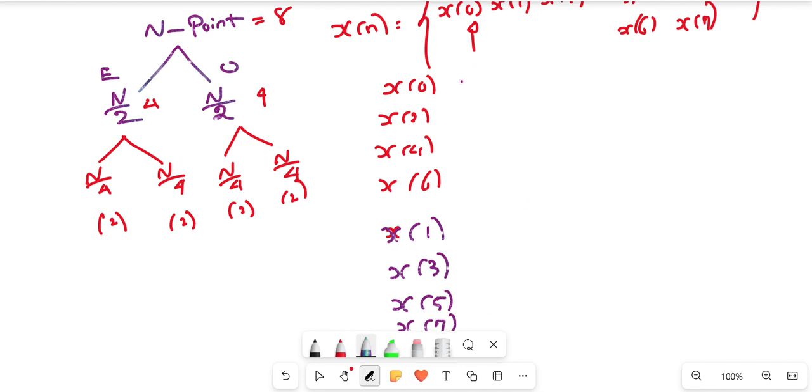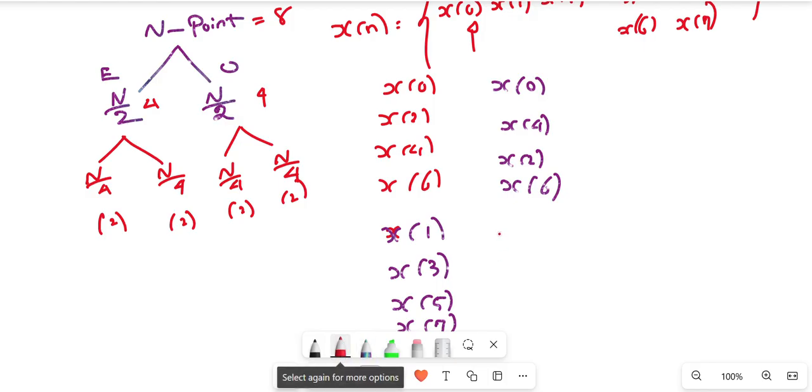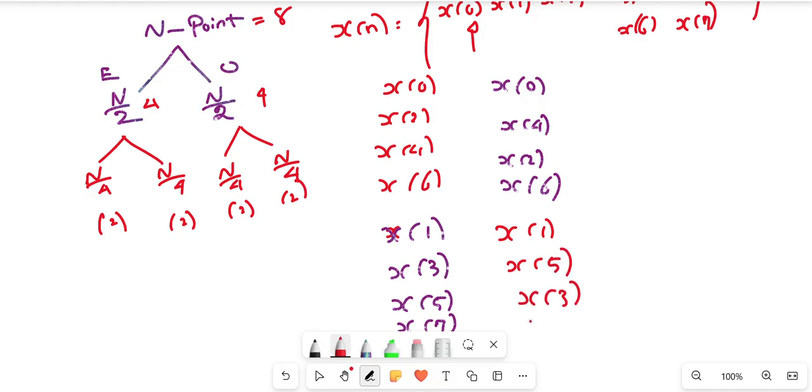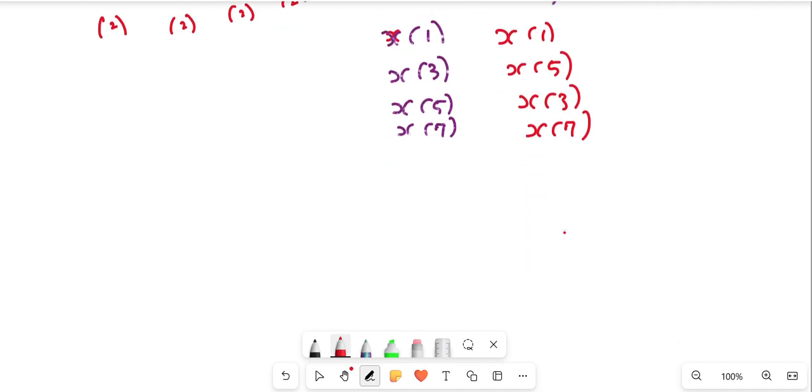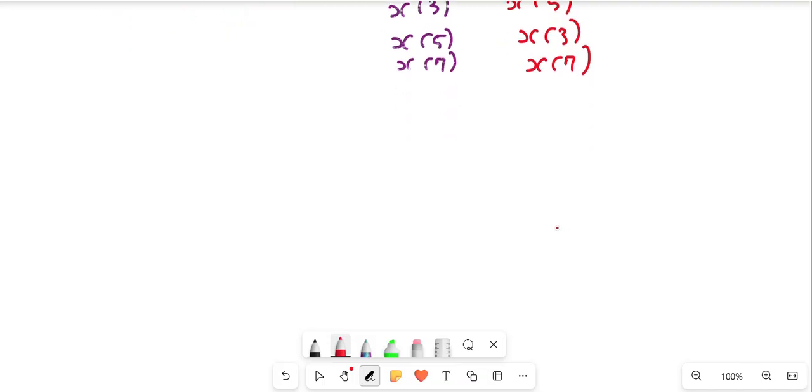Again this will be divided with respect to position into x of 0 and x of 4, x of 2 and x of 6, and x of 1 and x of 5, x of 3 and x of 7. So it will be decomposed into even and odd, even and odd. That is how the algorithm is decomposed in the derivation.